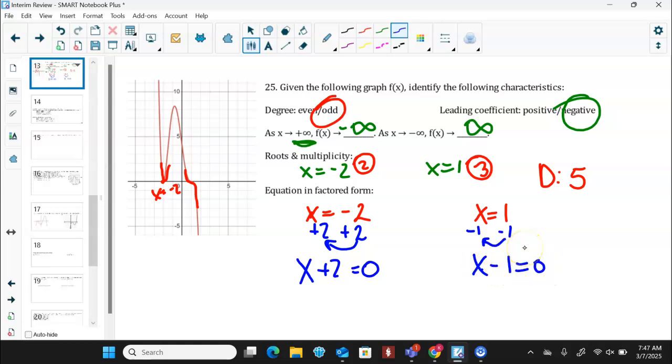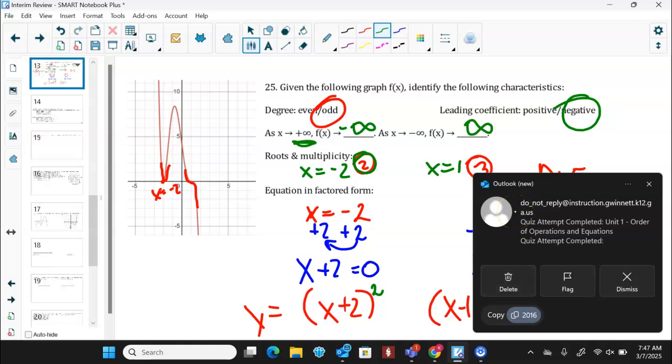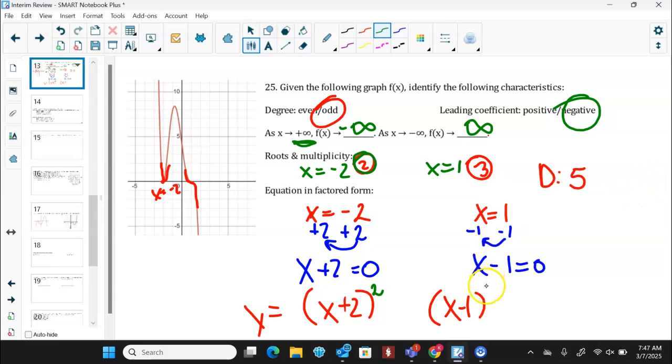That's factor form. Now I can put it into my parentheses. And of course, the multiplicities: for x equals -2, the multiplicity was a bounce, and for x equals 1, the multiplicity was a slide. Okay?